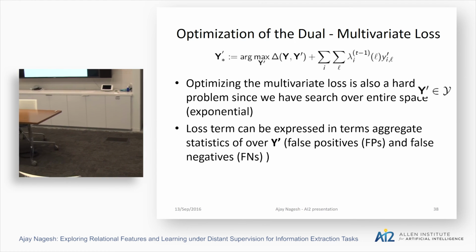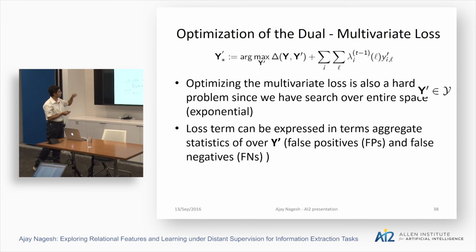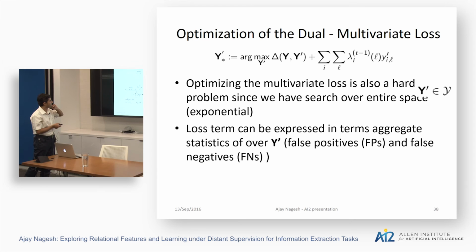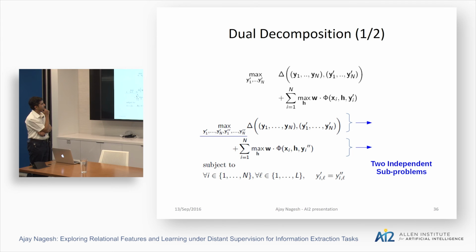You mean, go back one more? Because you're maxing over y prime, and you have a linear term here, and you have a thing over there, and you've picked the h's already, right? You would still not be able to guess.